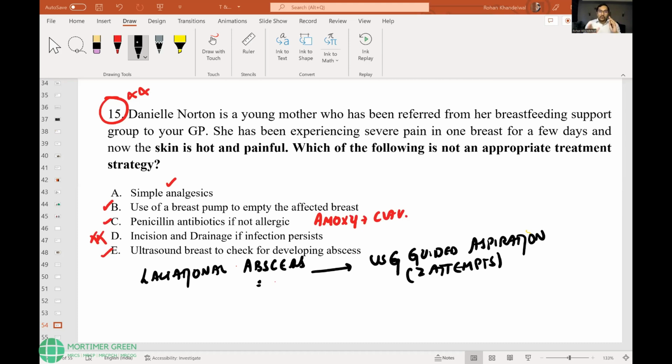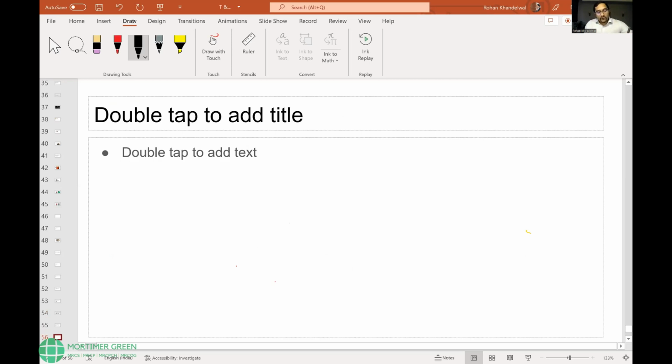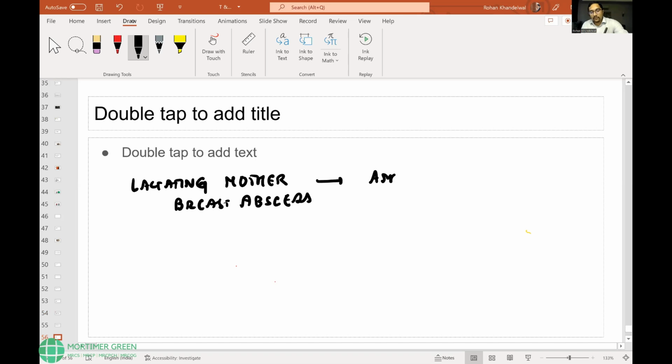Now, one thing which I want to highlight here, and this is a very common question which is asked in the exam, and I want you people to know about this. If you have a lactating mother who's come with a breast abscess, we know that the antibiotic of choice is going to be amoxiclav.